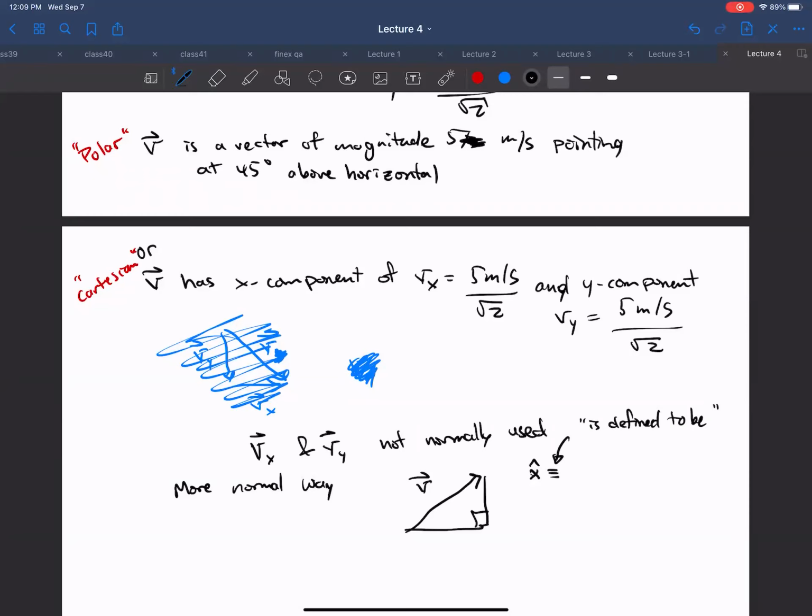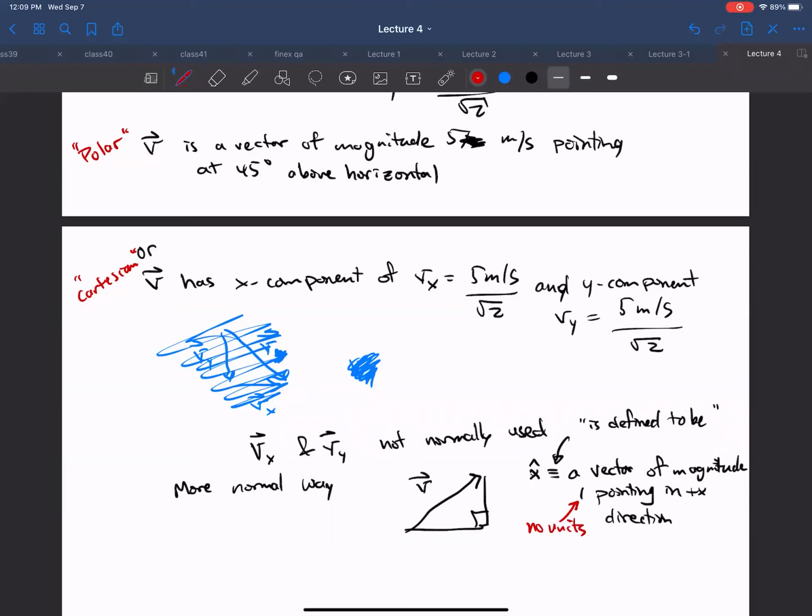Anyway, in this class, and talk to any physicist, when you have three of those, it means is defined to be a vector of magnitude 1 pointing in the positive x direction. So notice that the magnitude has no units.